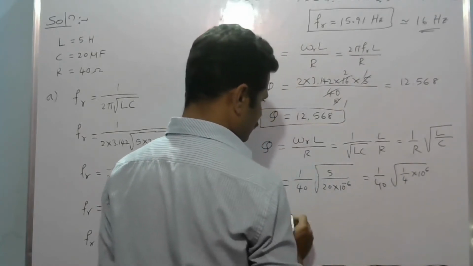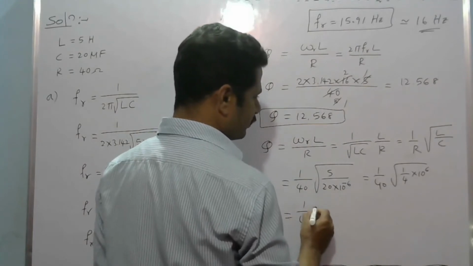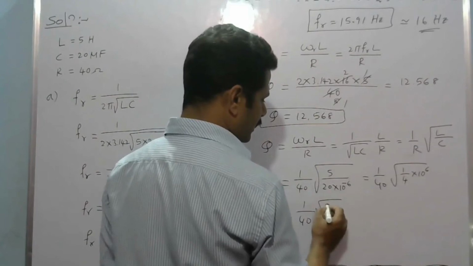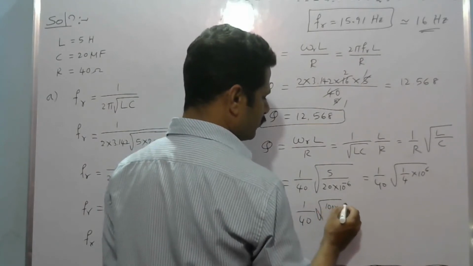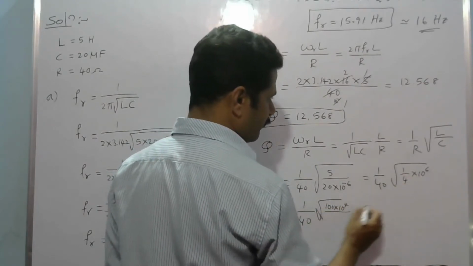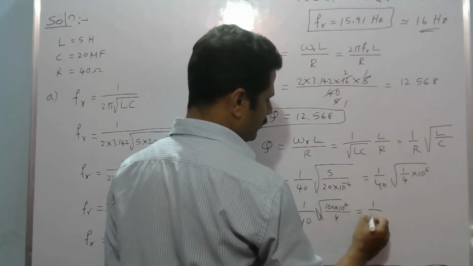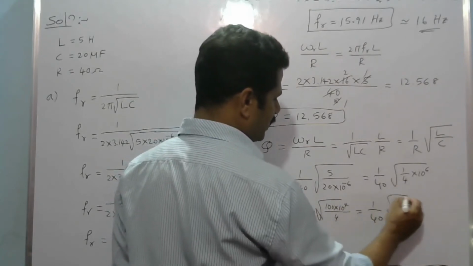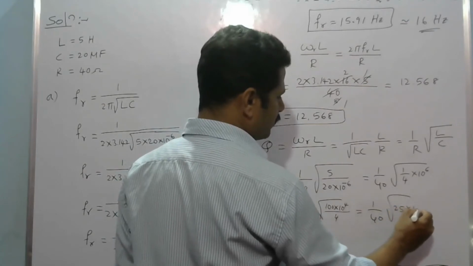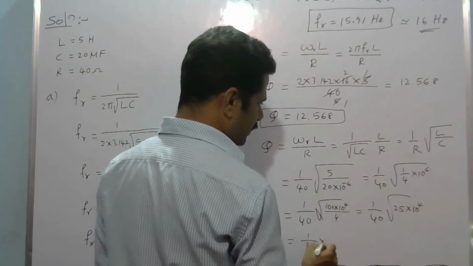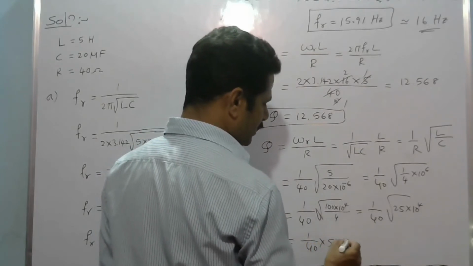So this equals 1 divided by 40 square root of 100 into 10 raised to 4 divided by 4. We can write 10 to the power 6 as 100 into 10 raised to 4. This can be written as 1 divided by 40 and here we have 25 into 10 raised to 4, which is 1 divided by 40 into 5 into 10 raised to 2.